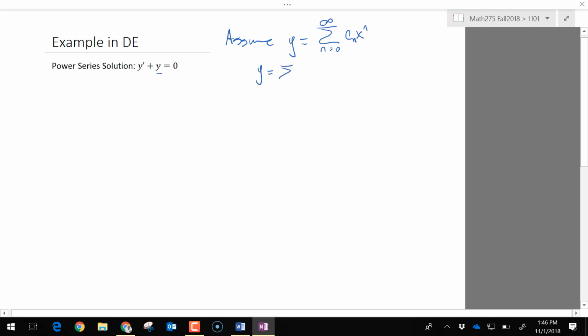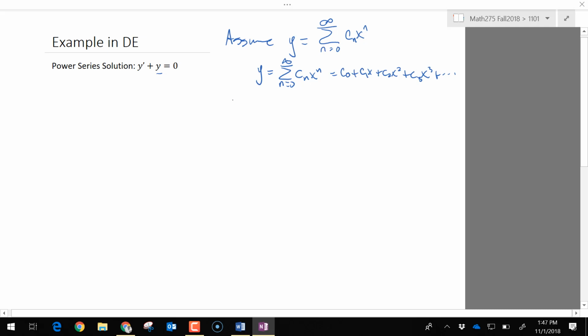Y is equal to the sum of c sub n x to the n, n goes from 0 to infinity. But now over here, I'm going to write c sub 0, constant, c sub 1 x plus c sub 2 x squared plus c sub 3 x to the third, etc. Okay, so that's your series.